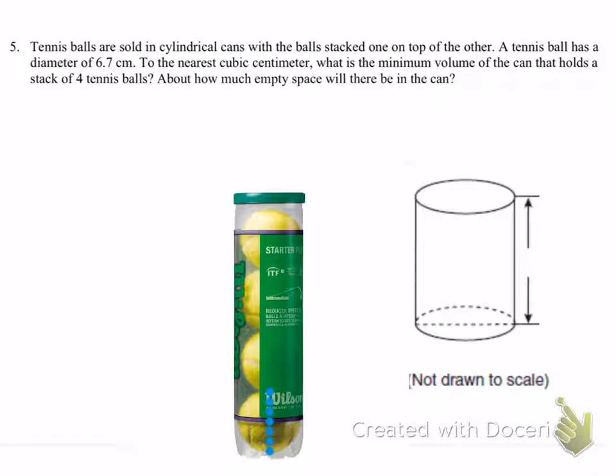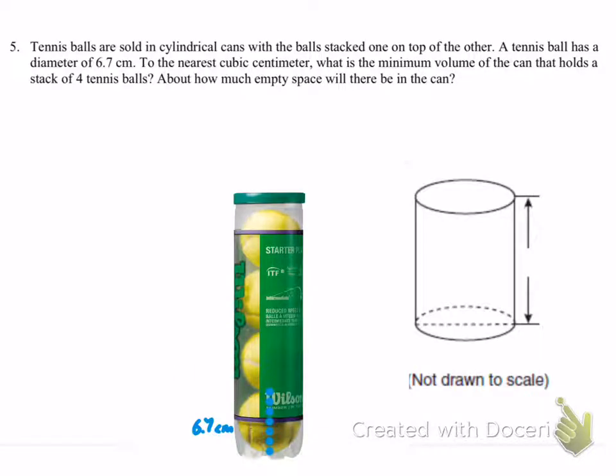So notice I drew in the diameter of this small sphere down here, this tennis ball. I can draw a diameter any way I want in a tennis ball. I noticed a lot of you were drawing in the diameters horizontally, so whenever you see diameter you think horizontally. But that can be a diameter too. And so that's 6.7 centimeters.